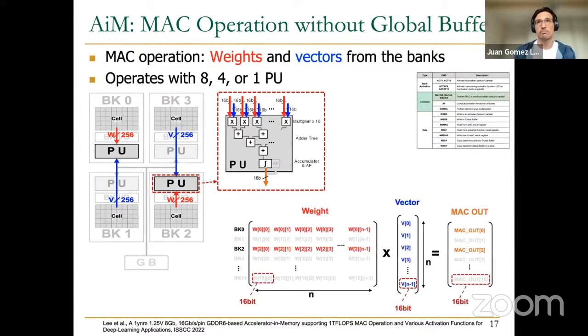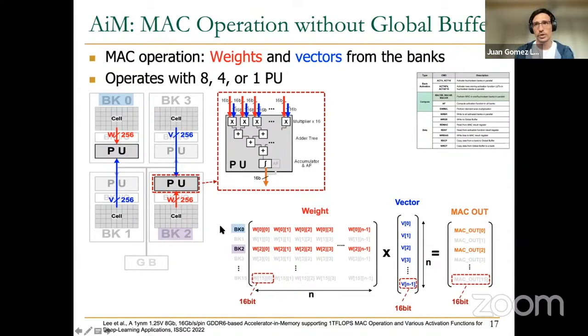So if we take a closer look at how these operations are executed in this mode, the weights are multiplied by the vector. It's actually fewer operations at the same time, because we cannot work on all banks at the same time, right?